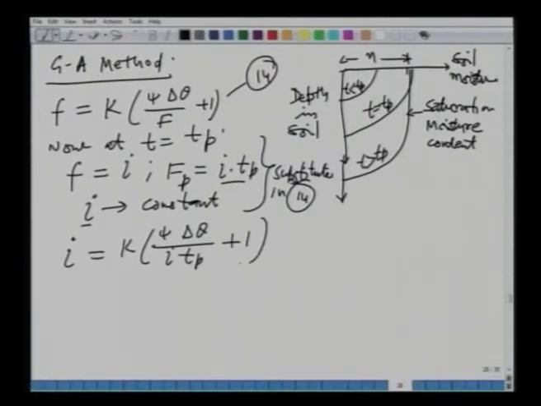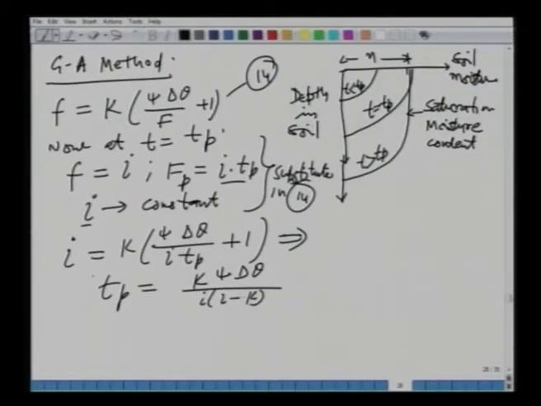All right. So, this is a simple equation and we can find the explicit expression for tp. Your tp will come out from this equation as K psi delta theta divided by I times (I minus K).